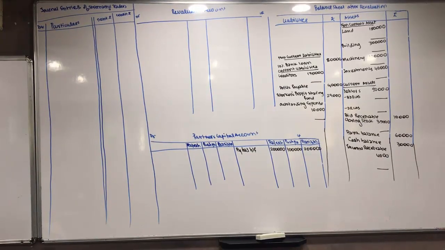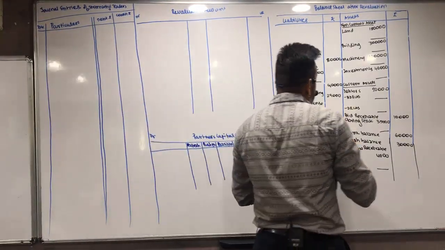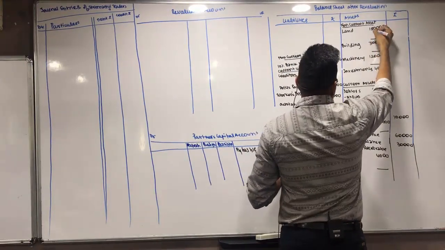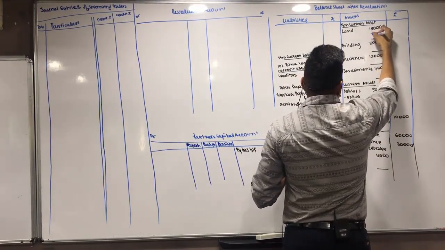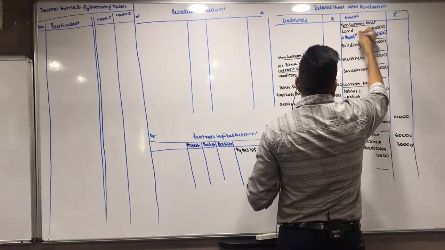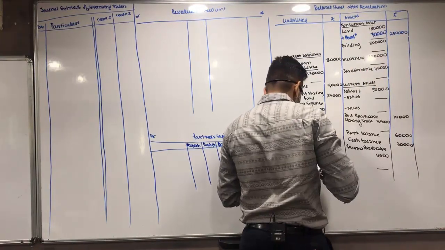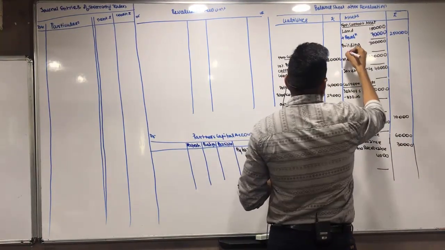The value of land is to be increased up to 2,50,000 and the building value is to be increased by 50,000. So land increased up to 2,50,000. So how much we have to add? 70,000. So we write plus revaluation. Outer column 2,50,000. And building is to be increased by 50,000.